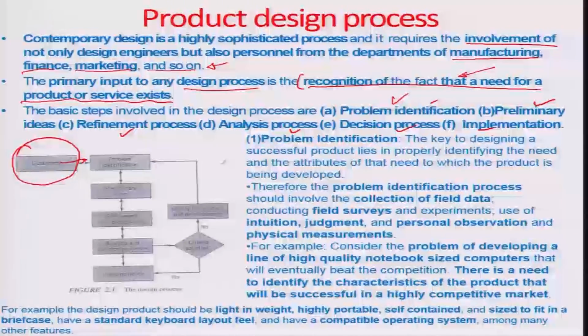So, the key to designing a successful product actually lies in properly identifying the need and the attributes which are coupled to the need of the product which is being developed.